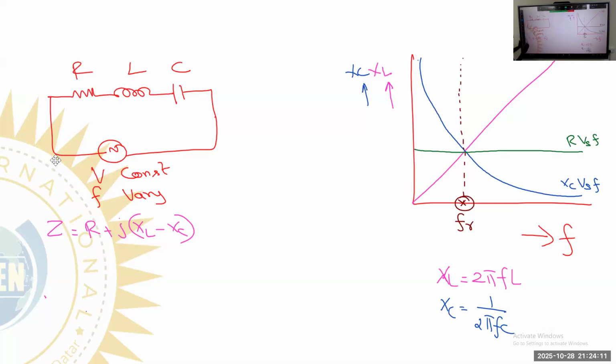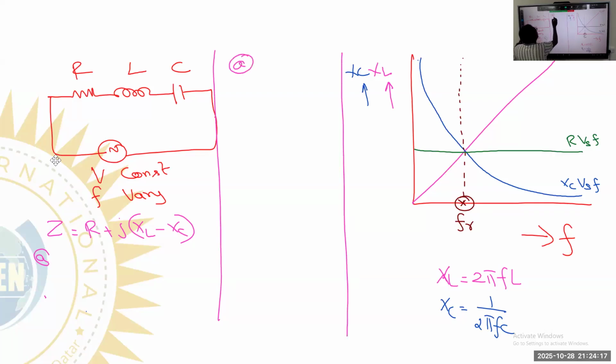At this frequency, what is the value of XL and XC?